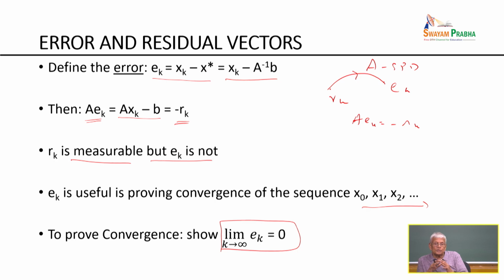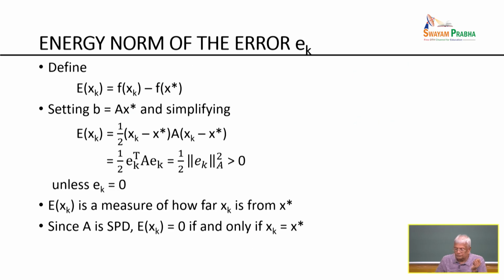The proof using Ek, as you will see soon, is a very well established technique, and it is immaterial whether I work with Ek or Rk, because there is a one-to-one onto mapping between the two, so both are equivalent. So, for convenience I am going to pick Ek. So, showing that xk converges to x star is equal to showing Rk converges to 0, which is also equal to showing Ek converges to 0.